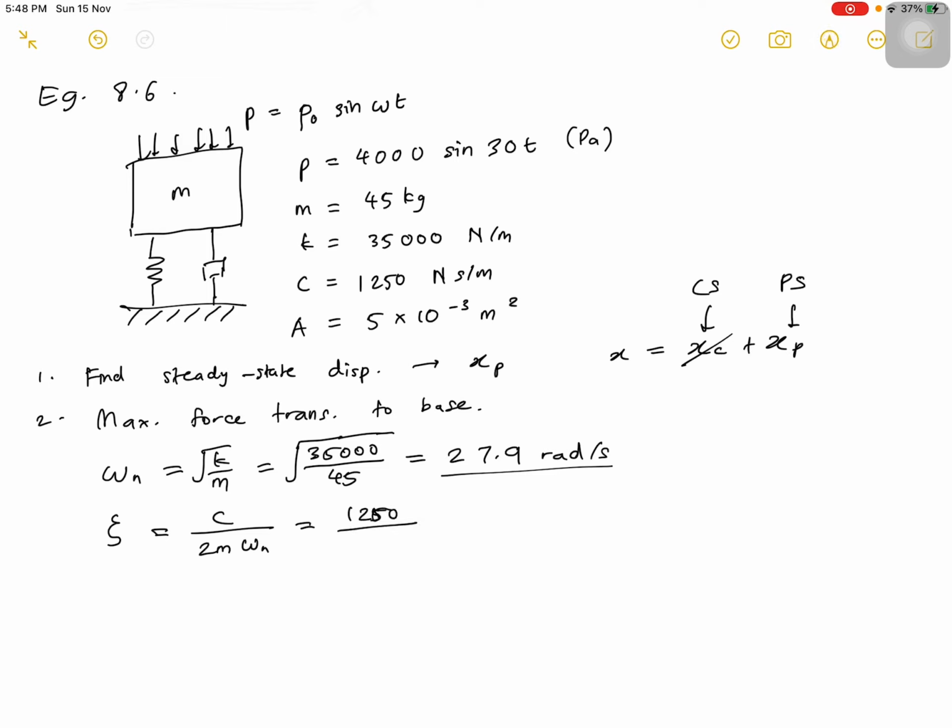So we have 2 times 45, 45 kilogram. We know this already, 27.9, and then we can get the damping ratio. So this is again lower than 1, therefore this is underdamped.